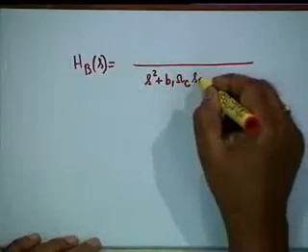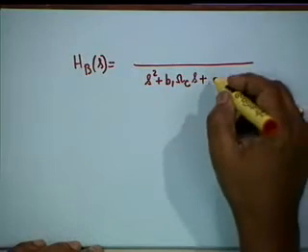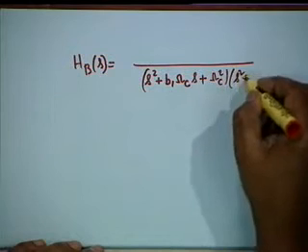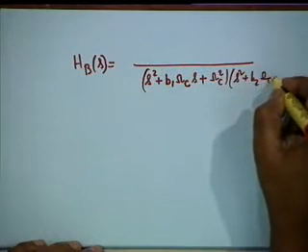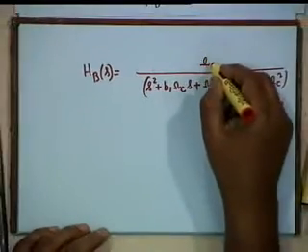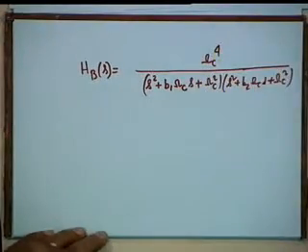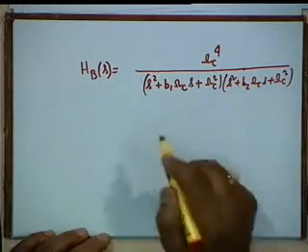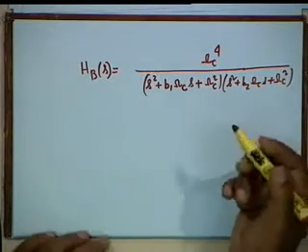What is omega c at which the attenuation is minus 3 decibels, you will have to find out. The numerator would be simply omega c to the power 4, and b1 is twice sine etc., etc. b1 and b2 you can calculate.